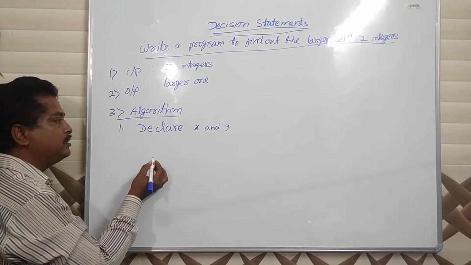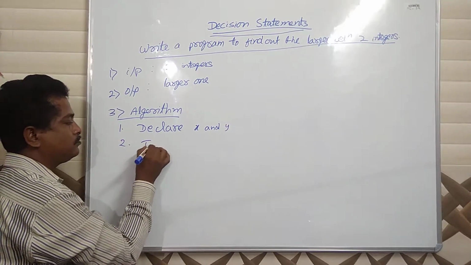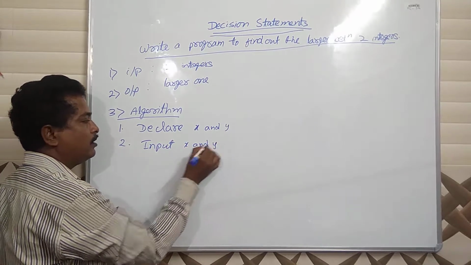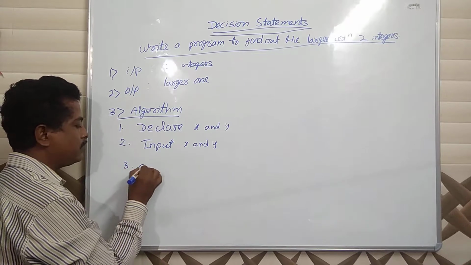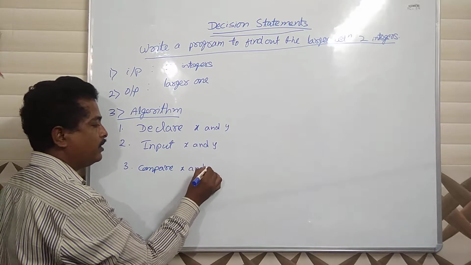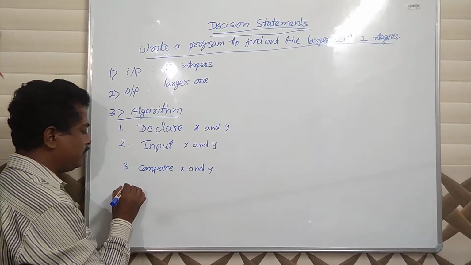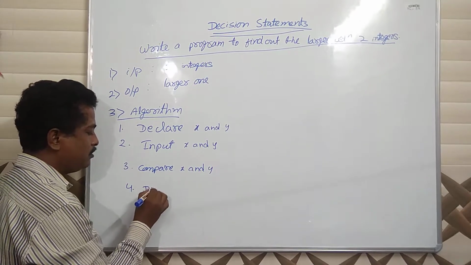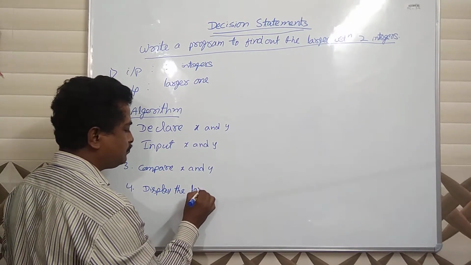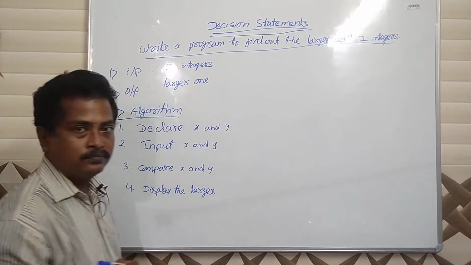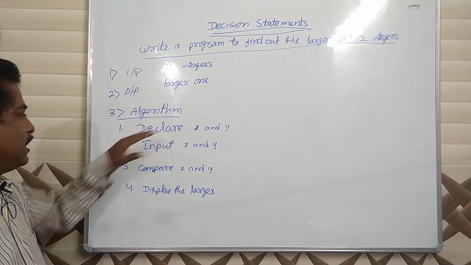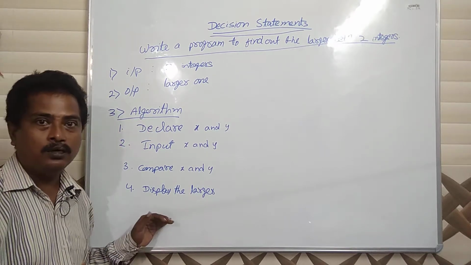After declaring x and y, input x and y. After inputting, compare x and y. After comparing, display the larger. This is the fourth step. You can write step 1 as start and step 5 as stop, or end.